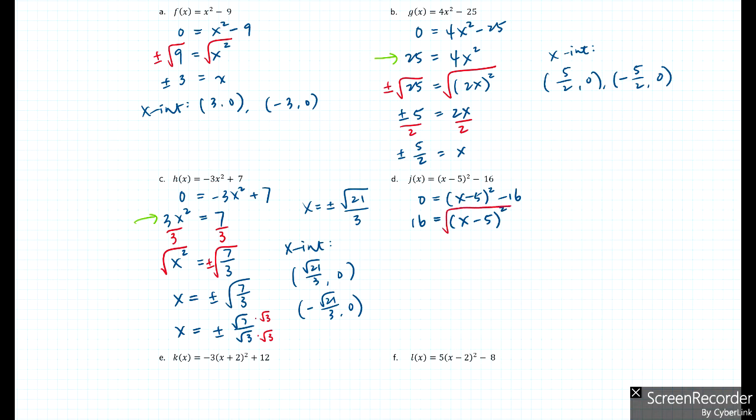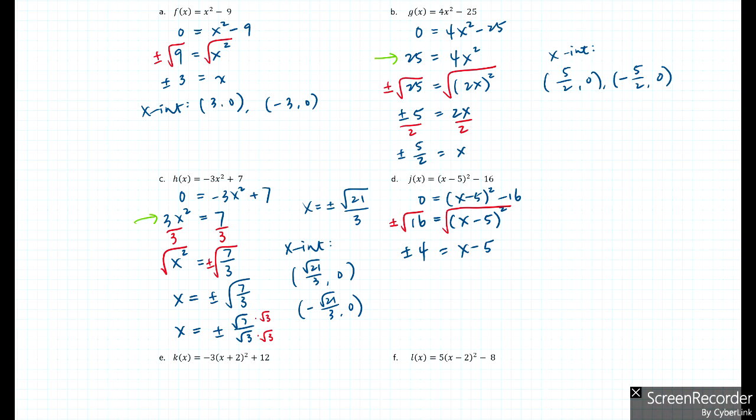So if I take the square root on one side, I gotta take the square root on the other side and indicate I want both positive and negative answers. So I have plus or minus 4 is equal to x minus 5, because square root and square again cancel each other out. Now if we have this result, this tells me x minus 5 can be two different values.